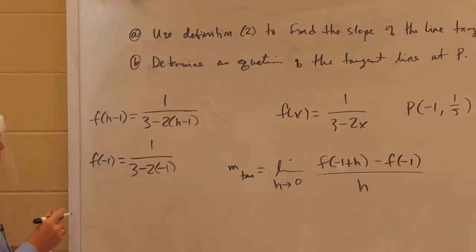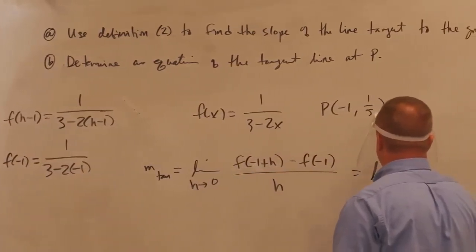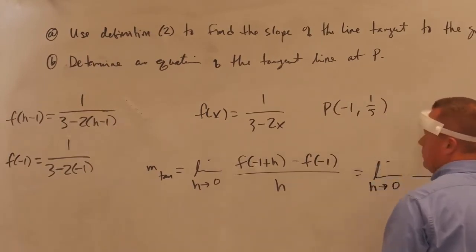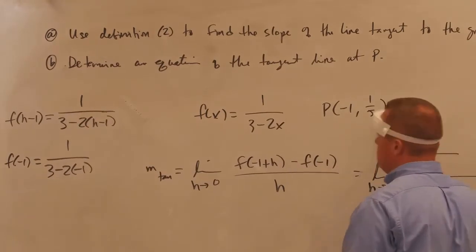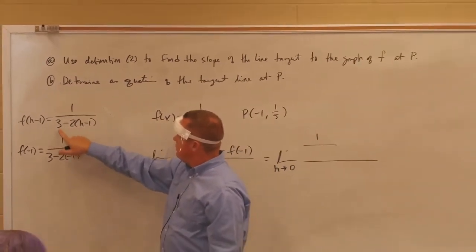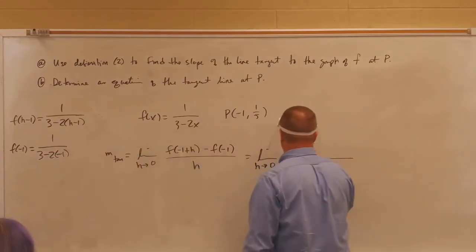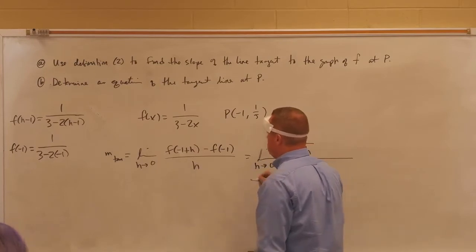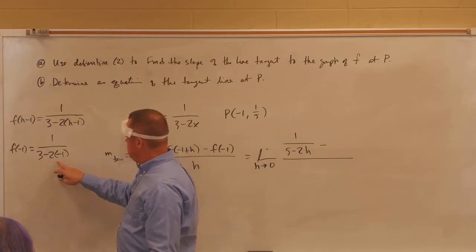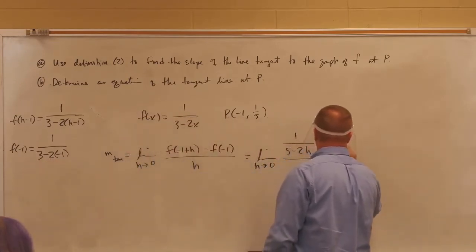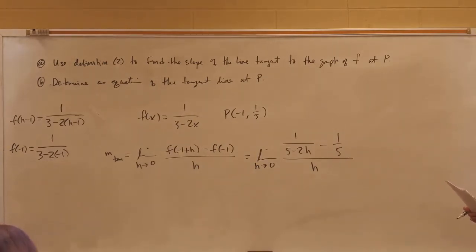We can reduce that a little bit. So I've got negative 2h, I've got 3, and then a plus 2, so 5 minus 2h, minus f at negative 1, 3 plus 2, that'll be 1 over 5, and then h in the bottom. So that's what I have when I plug that in.